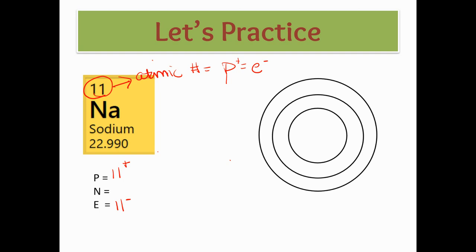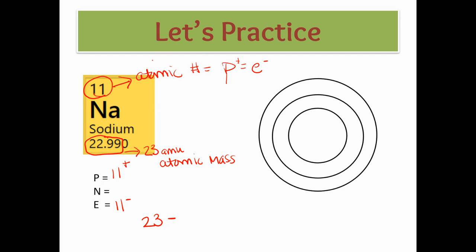For the neutrons, check out the atomic mass. It's 22.99. For simplicity, let's just round that up to 23 AMU. Okay, so our mass is 23. This is the atomic mass.